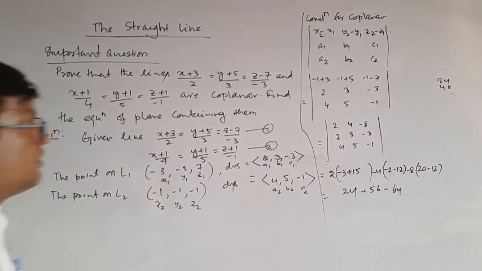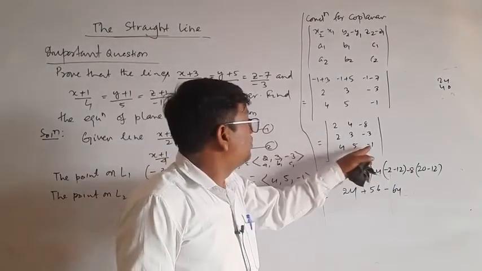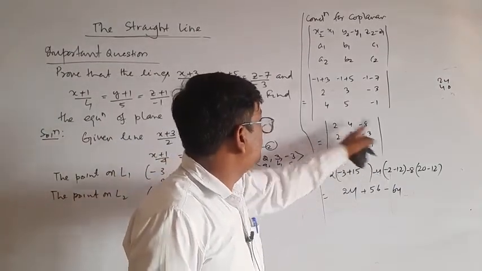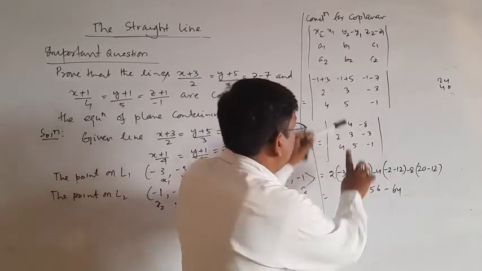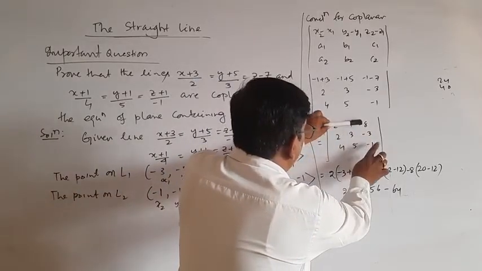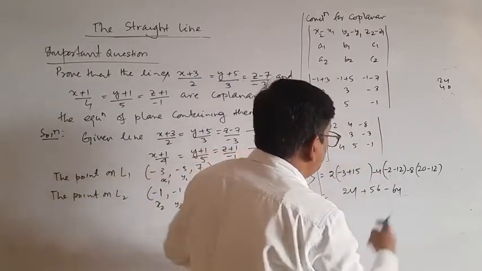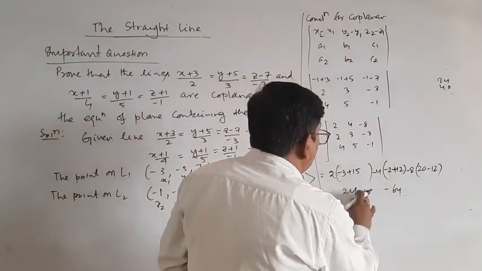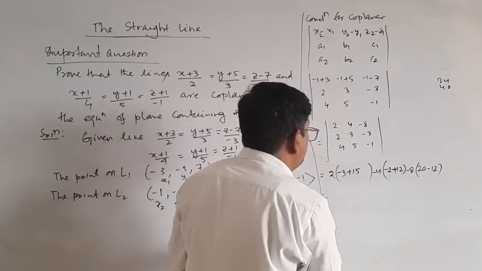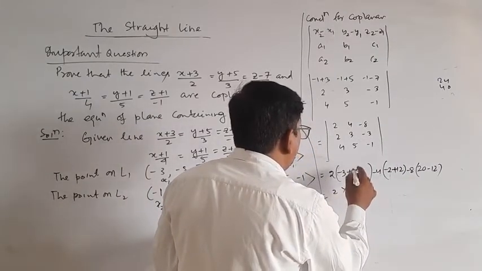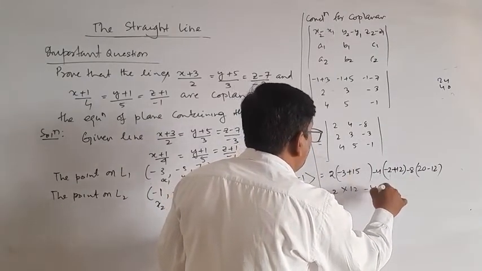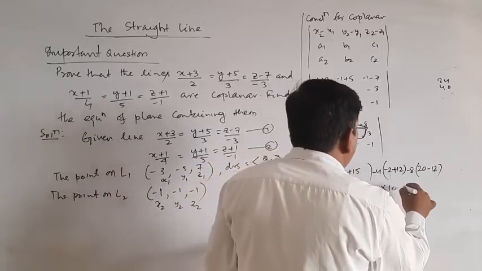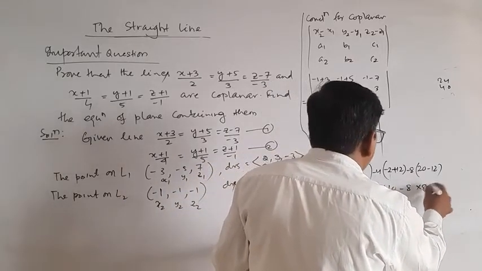So this is 2 into minus 3 plus 15, and minus 4 into minus 2 plus 12. Sorry, this is plus 12. So this is 2 into 12, minus 4 into 10, and minus 8 into 8.